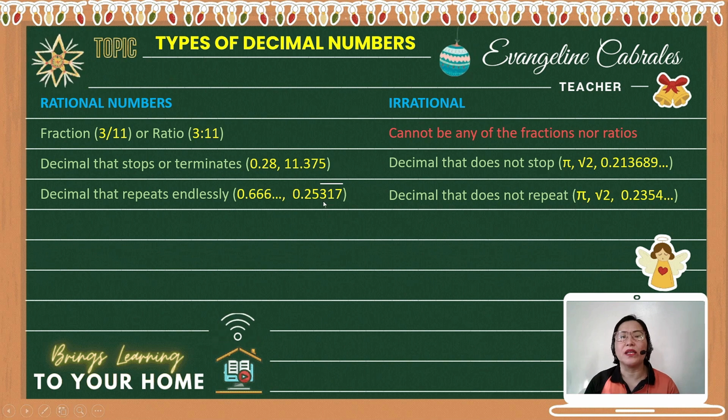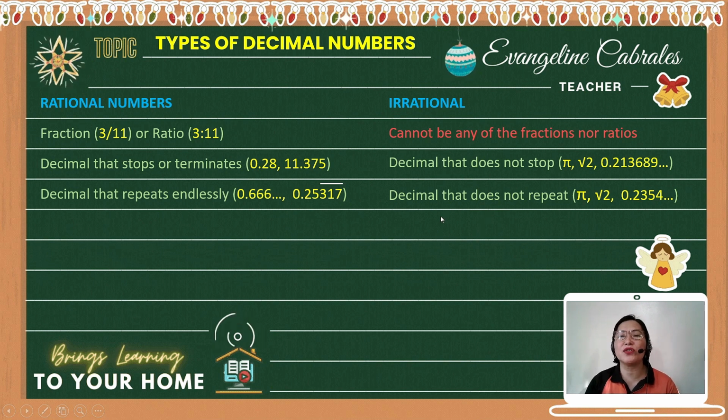Ibig sabihin, yung 3, 1, 7 ay paulit-ulit lang nakasunod nitong decimal na ito na walang katapusan, kaya nilagyan na lang ng vinculum to symbolize na ang kasunod nito ay 317, 317. Dito naman, ang kasunod niya ay 6666666. Paulit-ulit na walang katapusan. So, yon ay rational number.